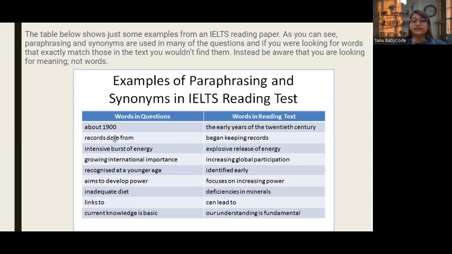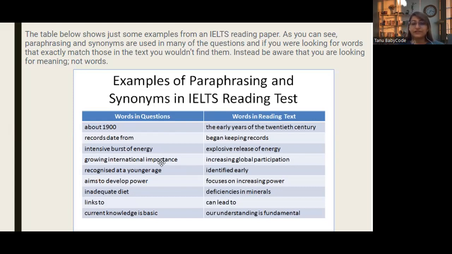In the question, you may get records date from, but in the passage you will get begin keeping records. So they are talking about keeping a record here. Third one, intensive burst of energy. In the text, you may get a paraphrase like explosive release of energy. Next one, growing international importance.